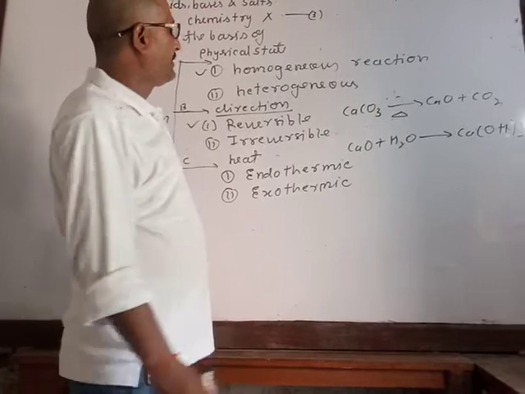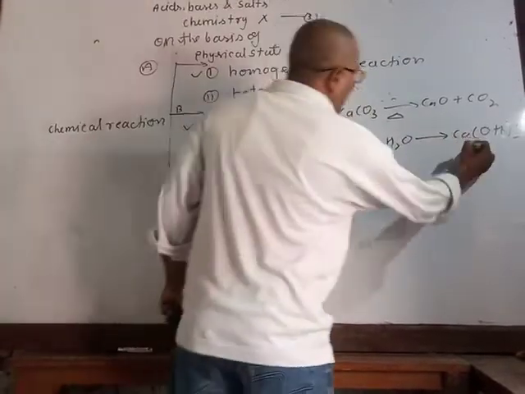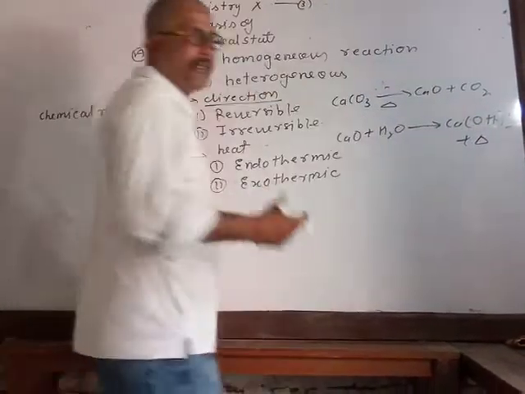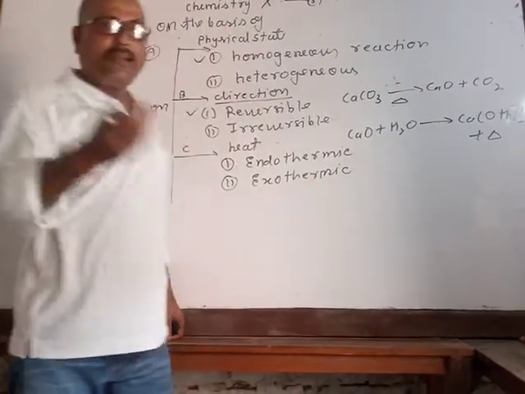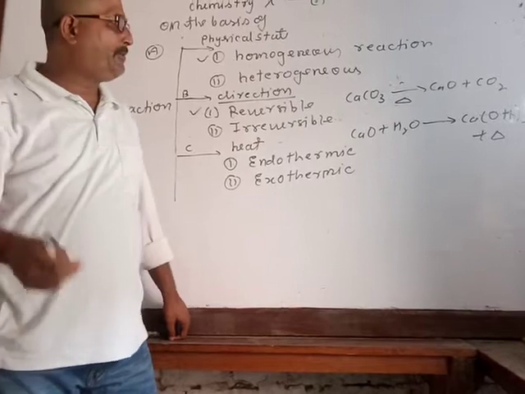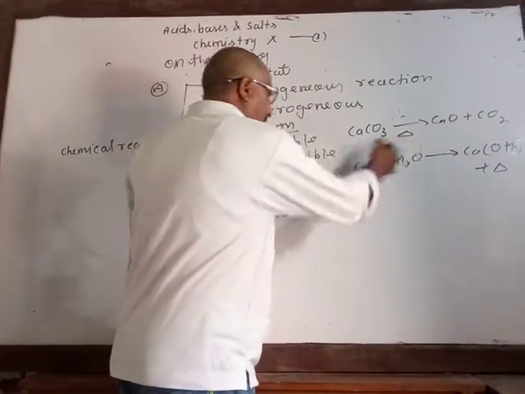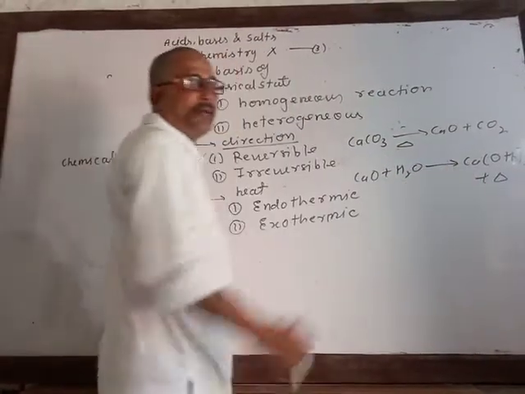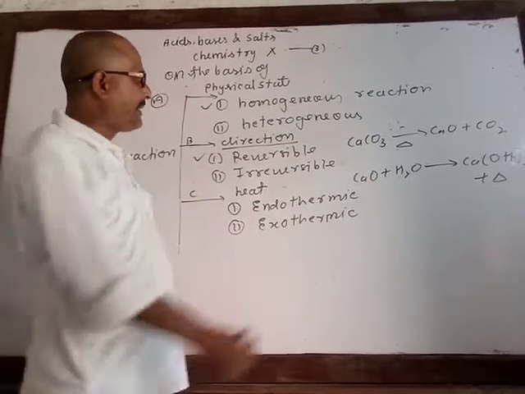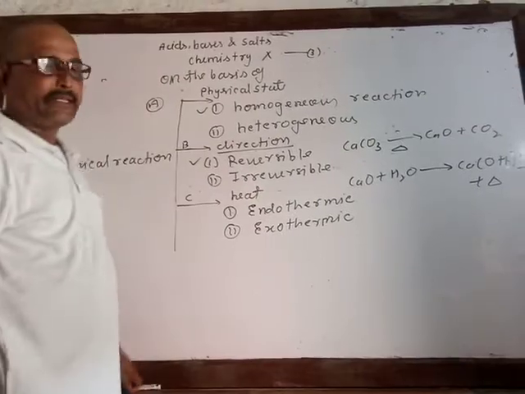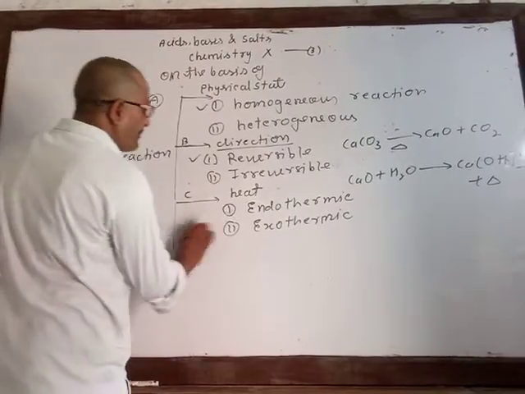This reaction gives a lot of heat energy. As an example, in the market you take quicklime and add a little water to it, you will find that heat energy is coming from that. Practically you can do it. This reaction is an exothermic reaction. This one is an endothermic reaction.